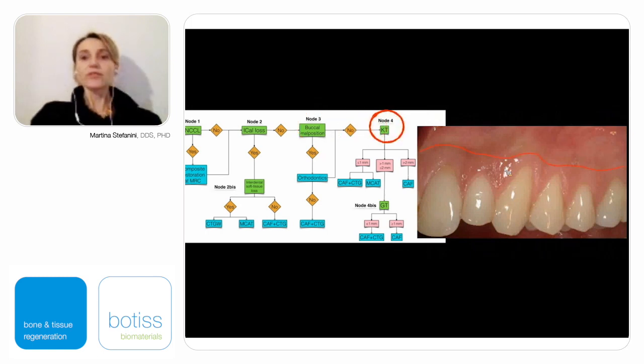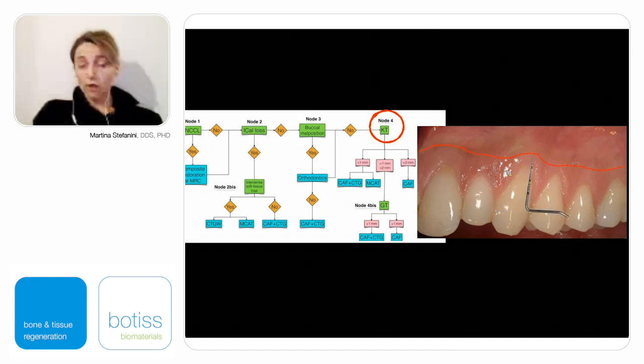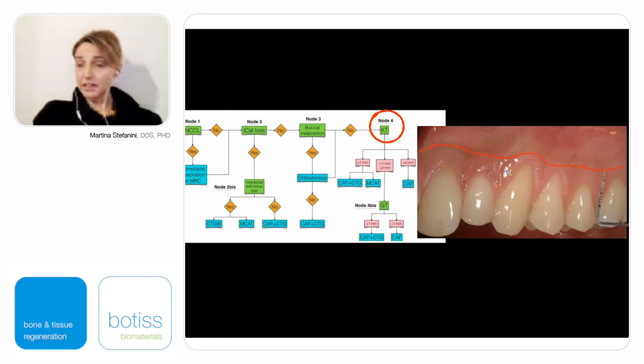And then we have to check in every single tooth the quantity of the remaining apical keratinized tissue. When we have enough keratinized tissue, we can just perform a coronally advanced flap. Where we don't have any keratinized tissue at all, we need to place the connective tissue graft that will help you maintain the flap in the final position.